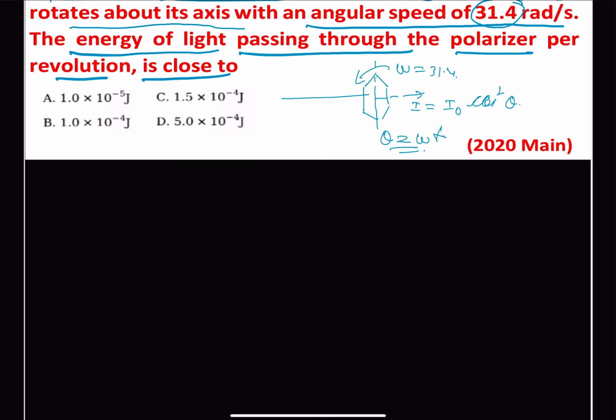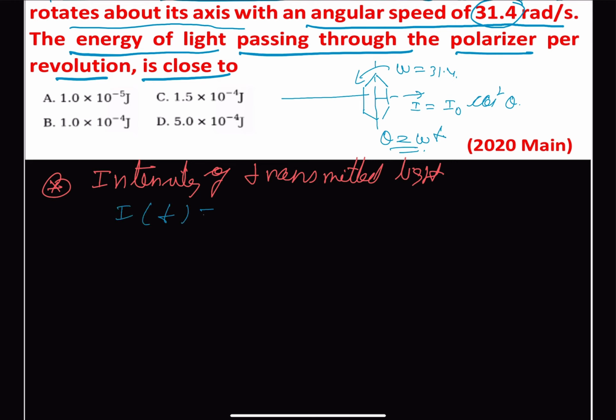So we can say that the intensity of transmitted light is given as a time dependent function, that is I of t will be equal to I naught cos square theta, where theta is also a time dependent function, and theta of t is equal to omega t.